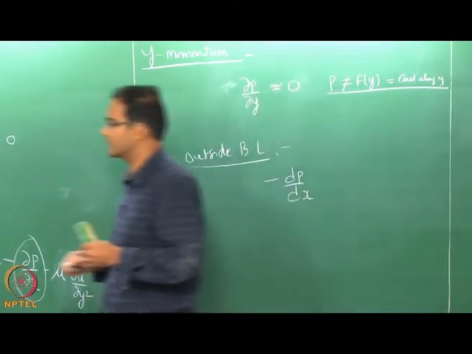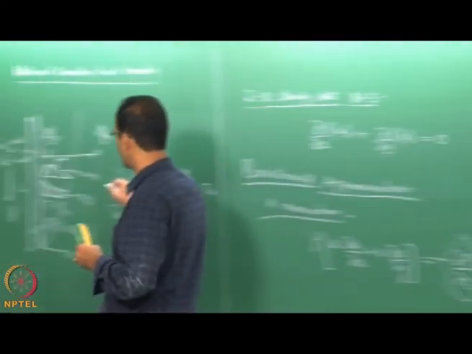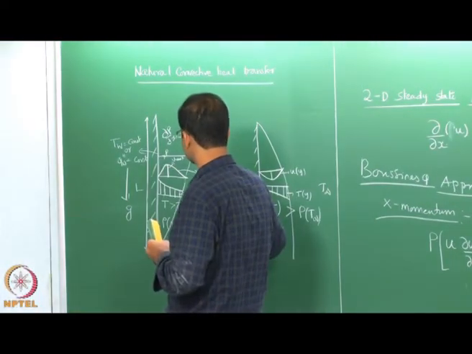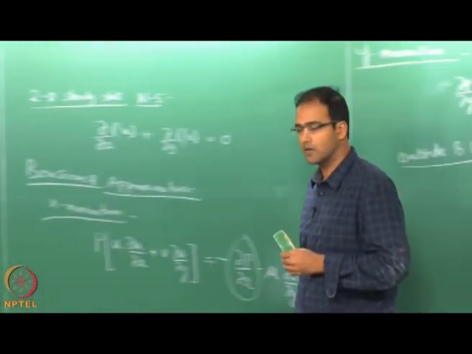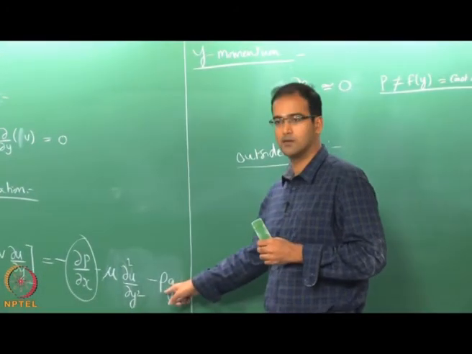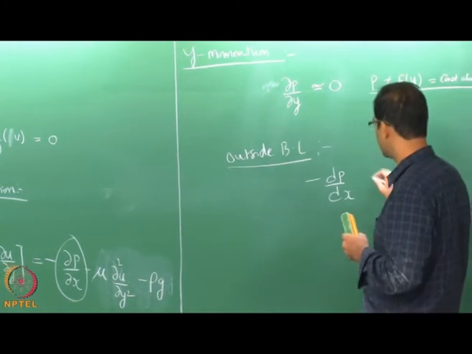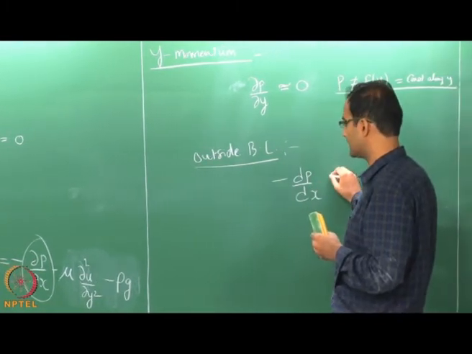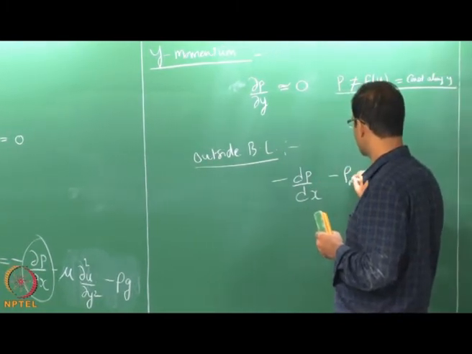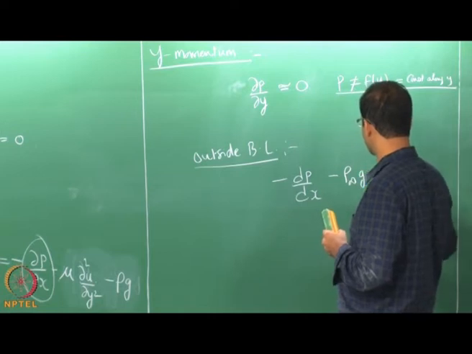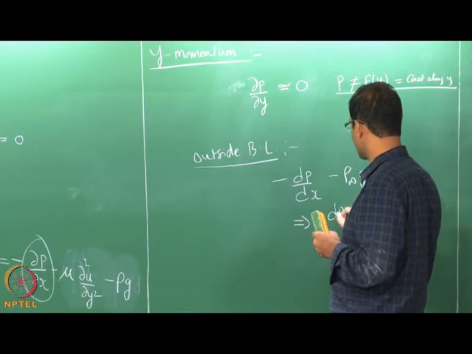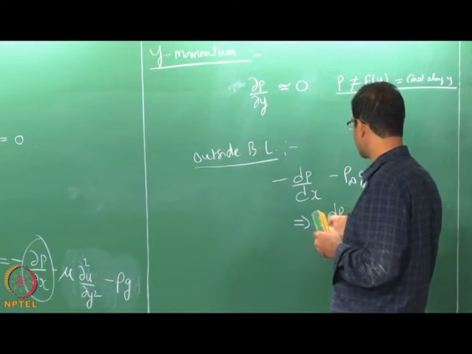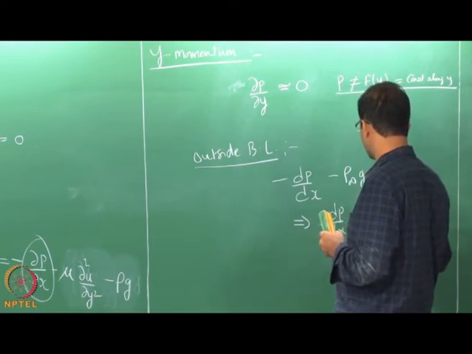We will express the density here as rho infinity. So, outside the boundary layer we write this as minus rho infinity g is equal to 0. So, this gives that minus dP by dx is equal to rho infinity times g.